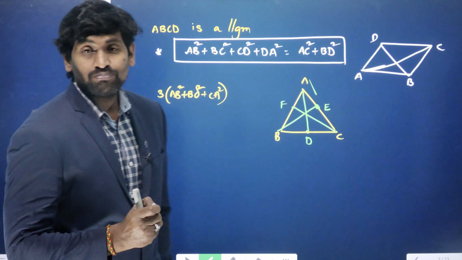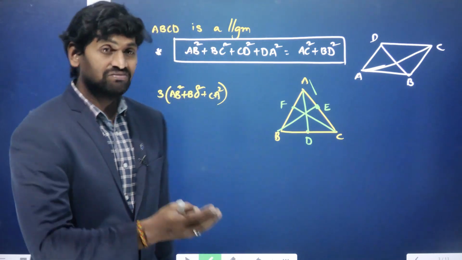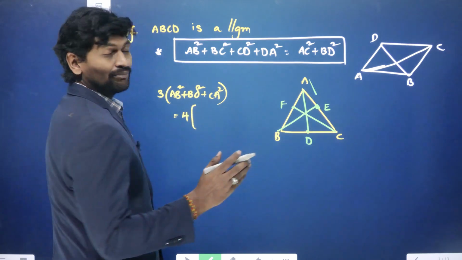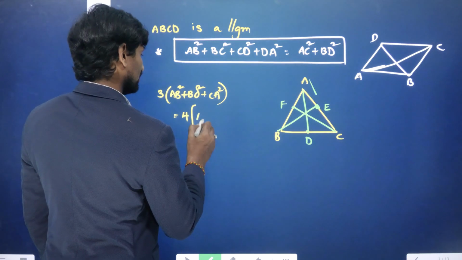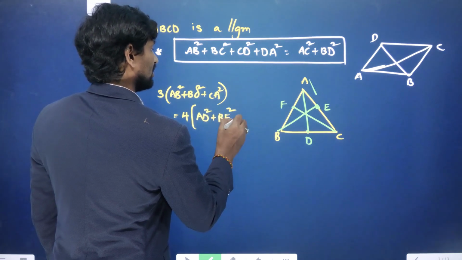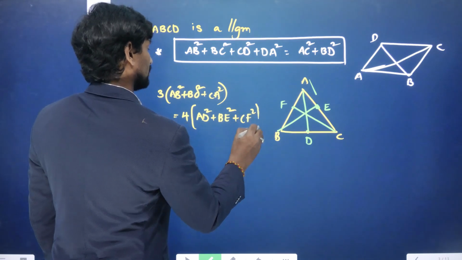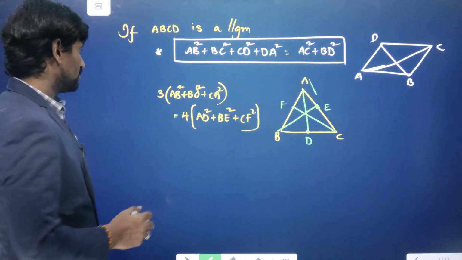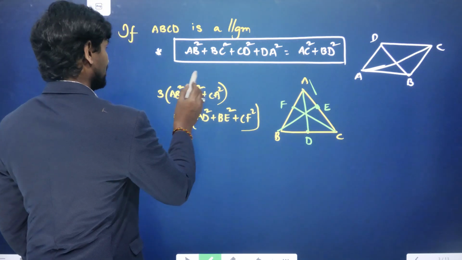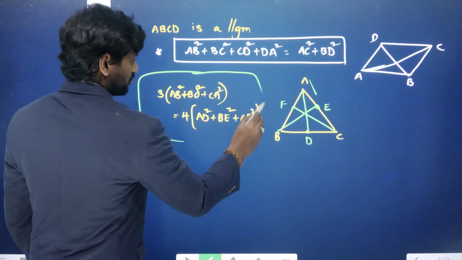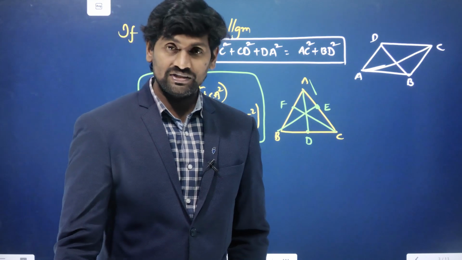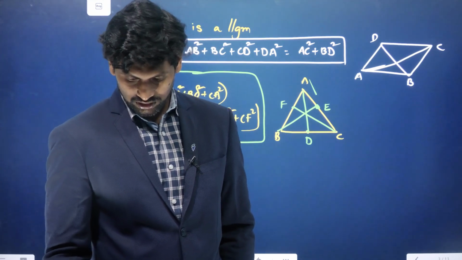That means 3 times the sum of the squares of the sides of a triangle is equal to 4 times the sum of the squares of the medians, nothing but AD² + BE² + CF². So 3 times the sum of the squares of the sides of the triangle is equal to 4 times the sum of the squares of the medians.